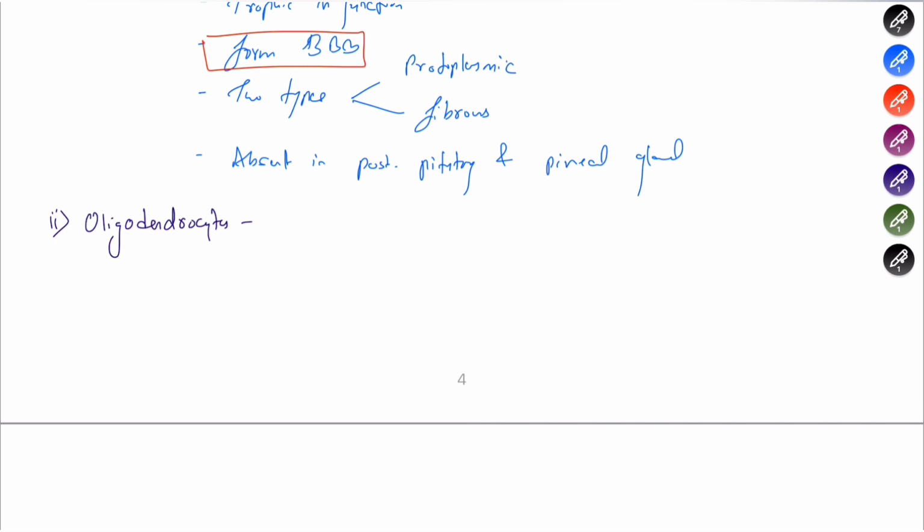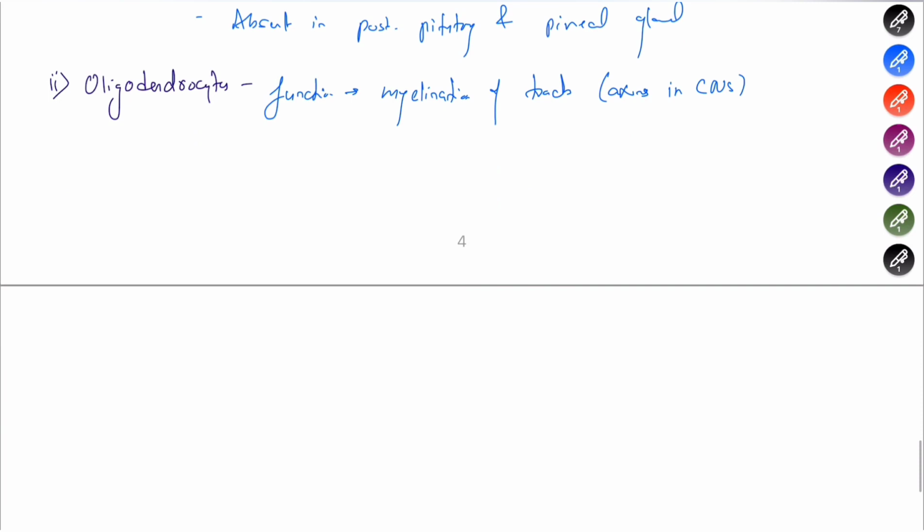Their function is myelination of tracts. And what are tracts? Tracts are groups of axons present in the CNS. They are the counterpart of the Schwann cell.